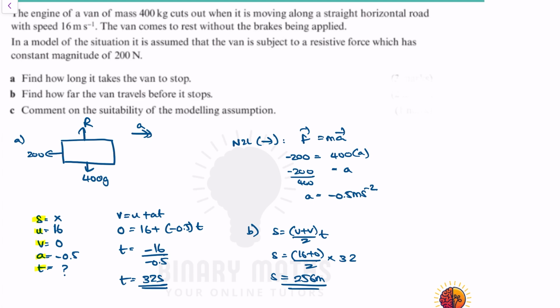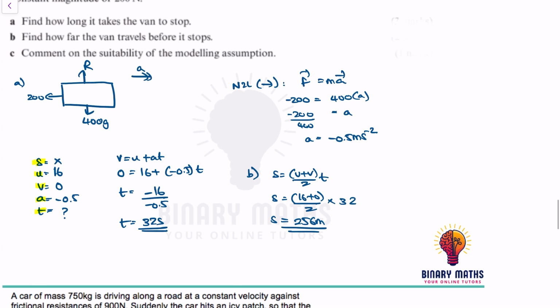Okay, C, comment on the suitability of the modeling assumption. The resistance force is unlikely to be of constant magnitude, as air resistance will increase with speed. If you think about it, as an object speeds along, the air resistance that it experiences also increases. So that's why it's unlikely to be constant.